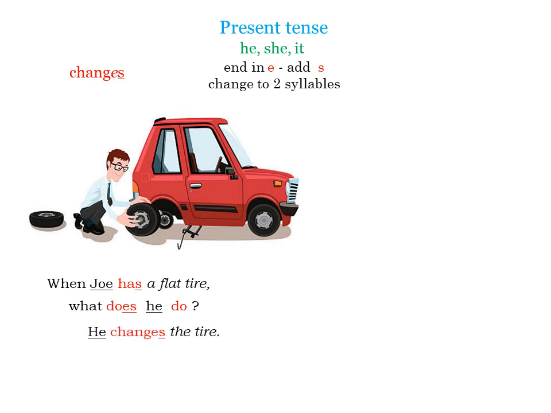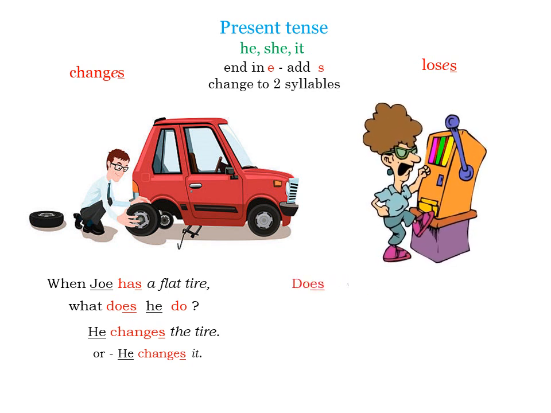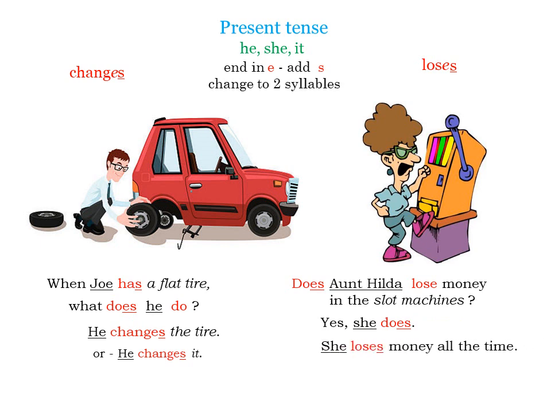He changes the tire. Lose, you add an S and you have loses. Does Aunt Hilda lose money in the slot machines? Yes, she does. She loses money all the time.